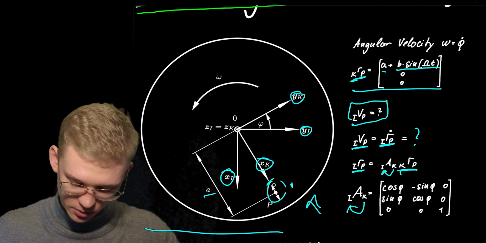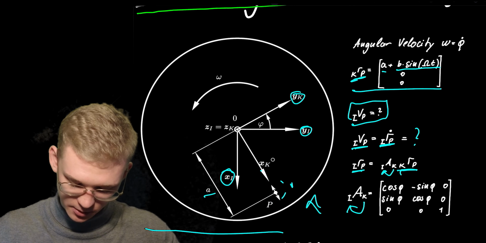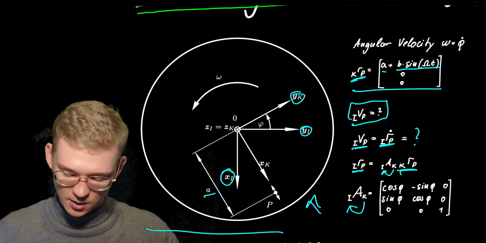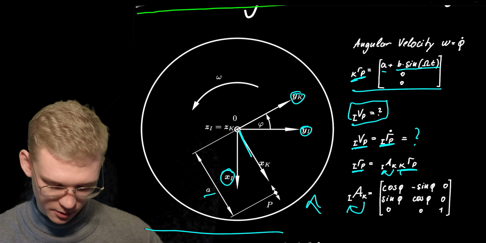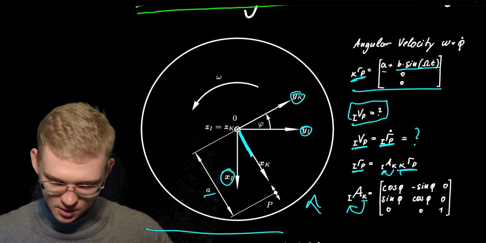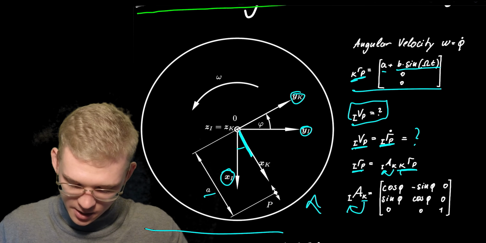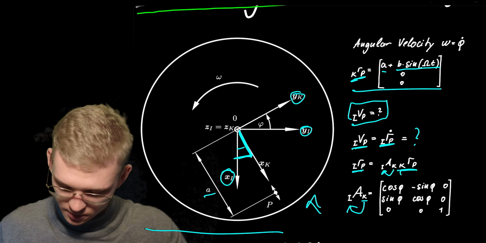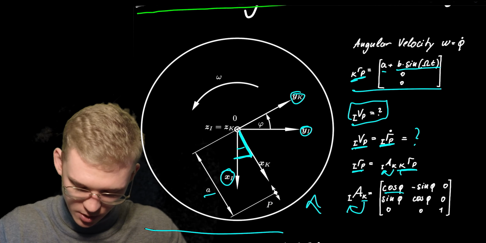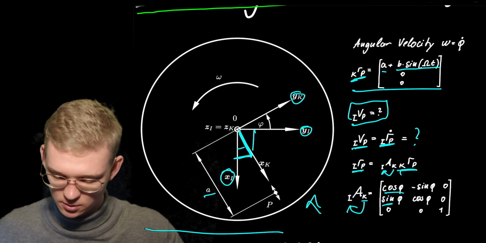To do that, I'll explain for one vector. So we take the unit vector in x of our coordinate system k and see how it is described in I. So here we have, again, the angle. So we have a cosine theta in this direction, and we have a sine in this direction.